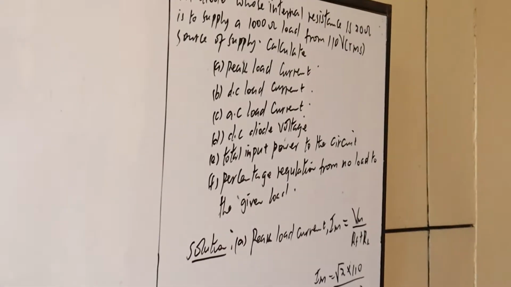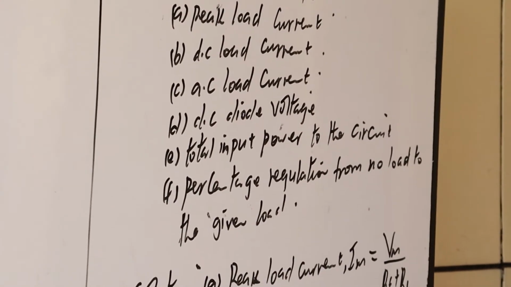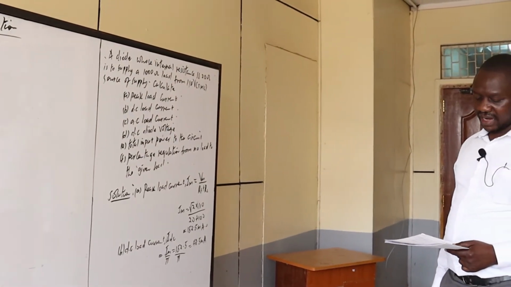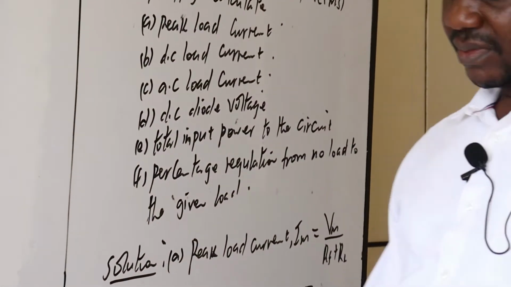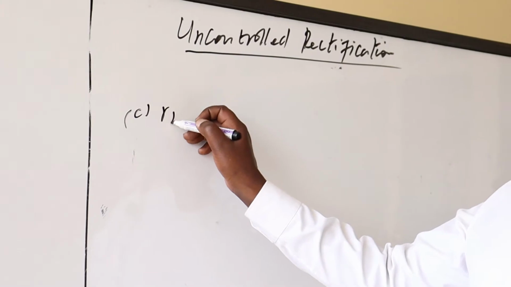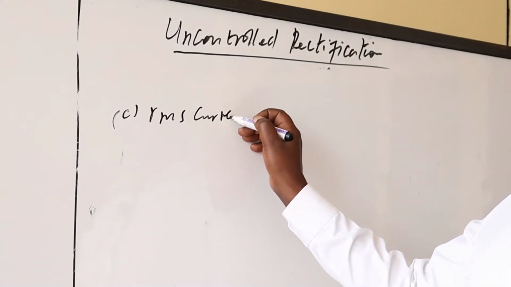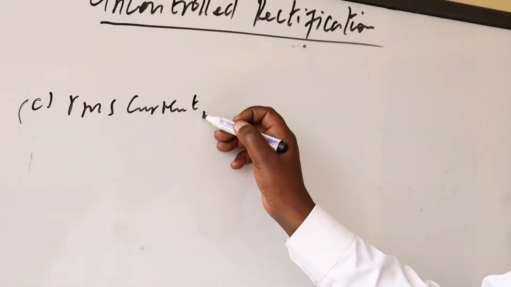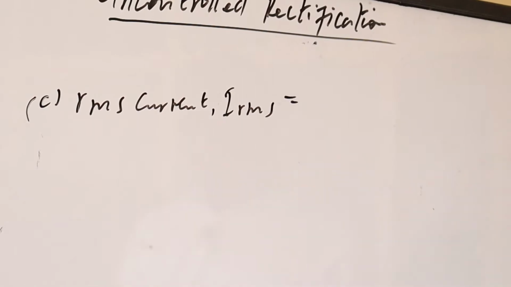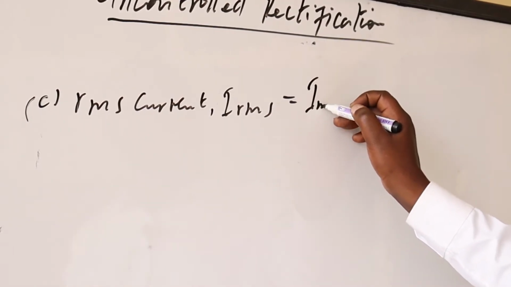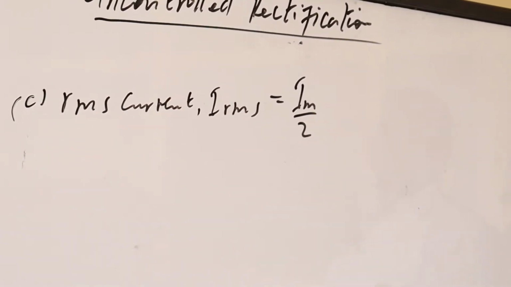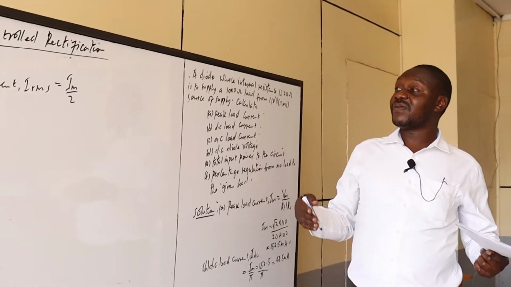Yes. Then we go to part C, that is AC load current. When we see the word AC here, we are looking for the RMS current. So part C, the RMS, root mean square current, I RMS, is given by IM over 2. Just the same way we derived for the voltage, VRMS was Vm over 2.